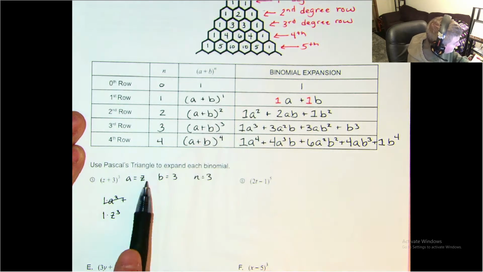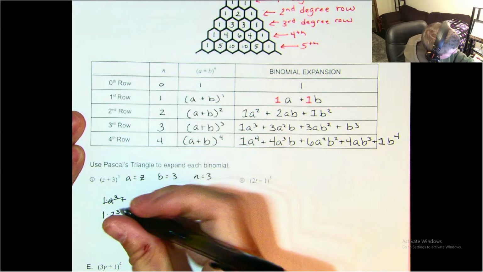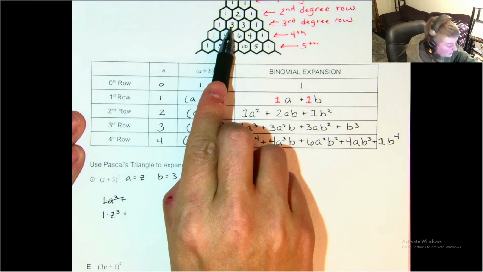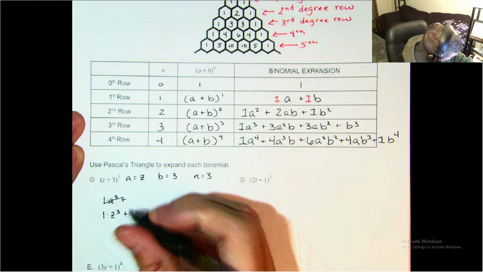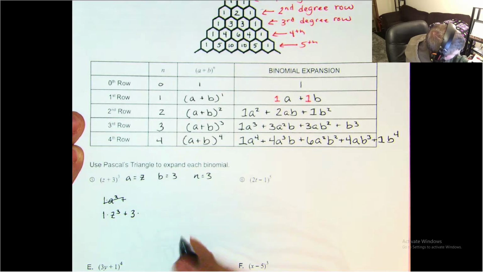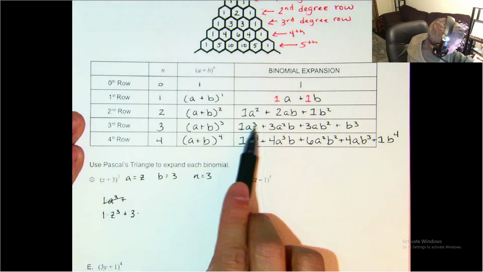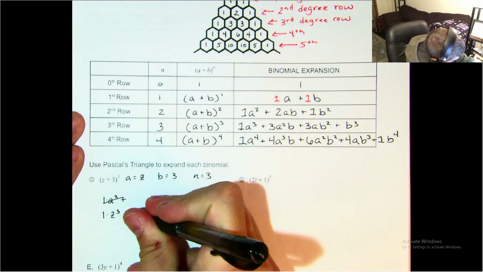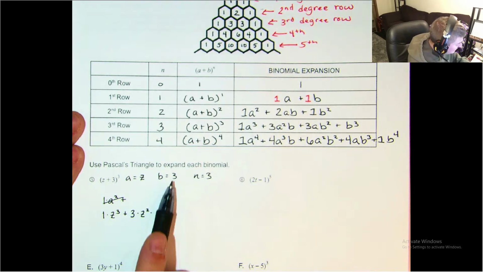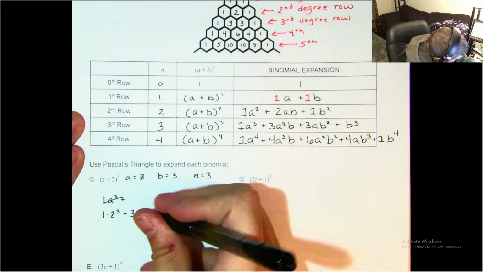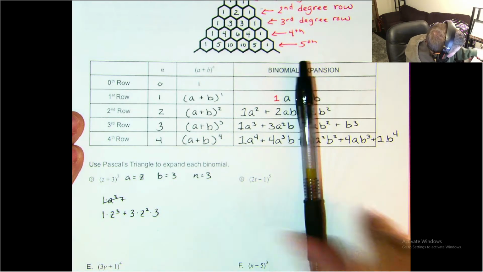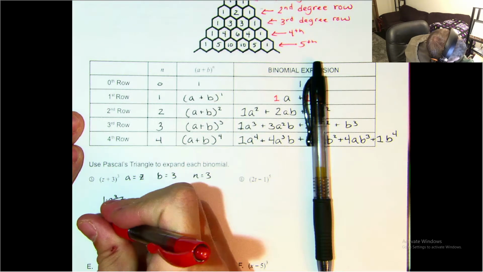Okay, and then I'm going to add to it the second cell. Here's 3. So it's going to start with 3 times a to the 2nd, right, because my a value is decreasing by 1. So z squared times the b to the 1st power. So 3. This right here is my first cell.